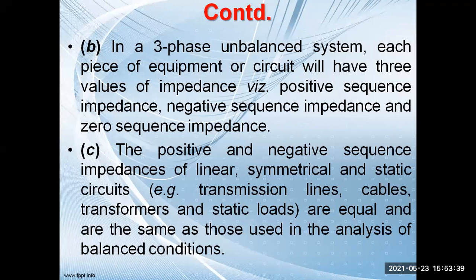But it is not always true that the positive sequence impedance and the negative sequence impedance will be equal. For equipment like transmission lines, cables, transformers, static loads, these particular sequence impedances are equal.